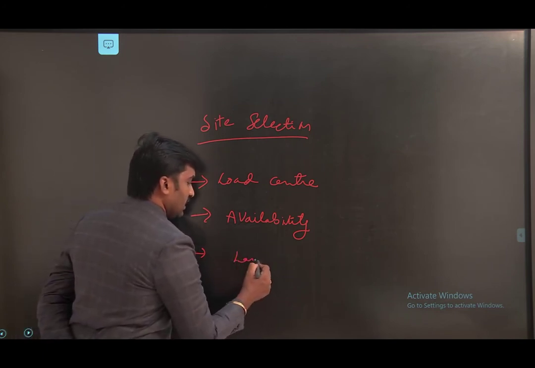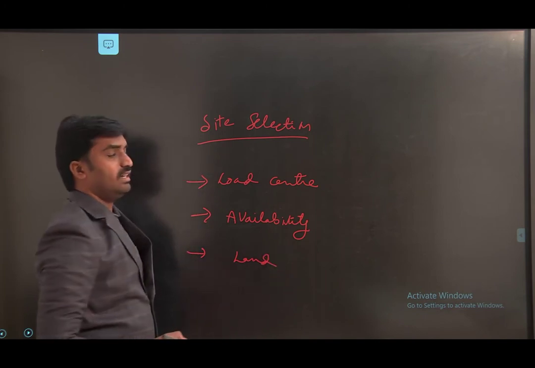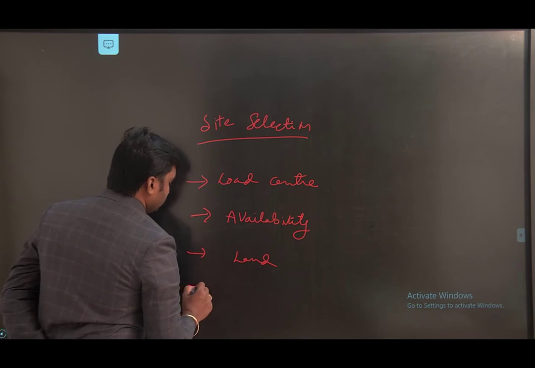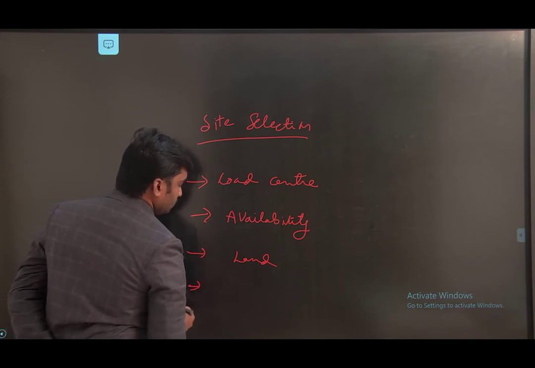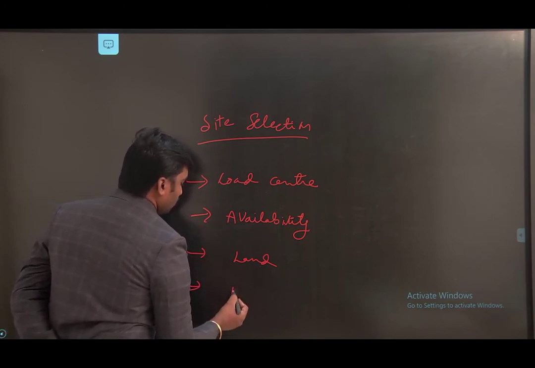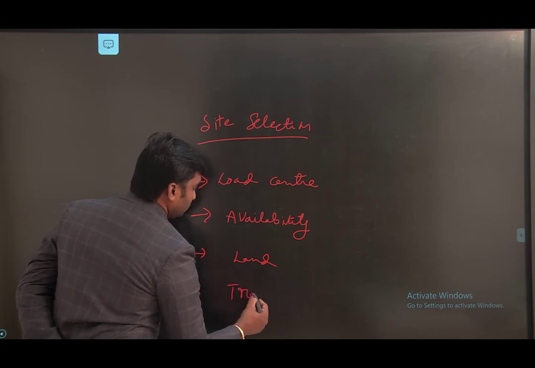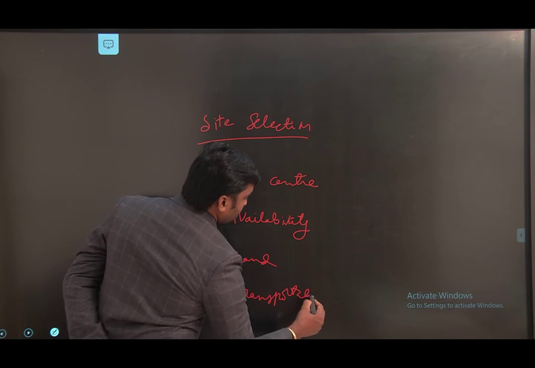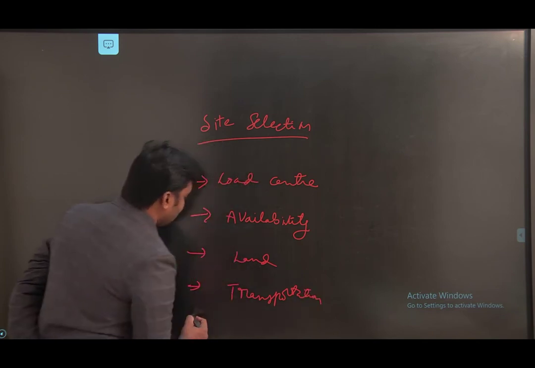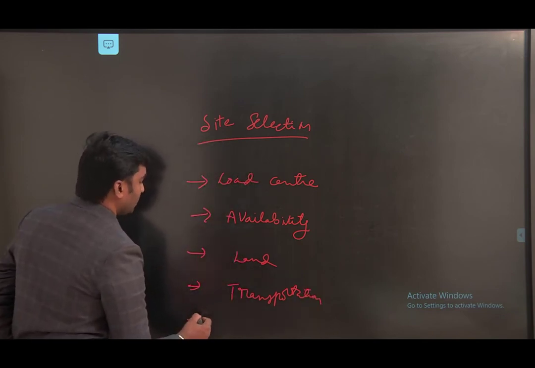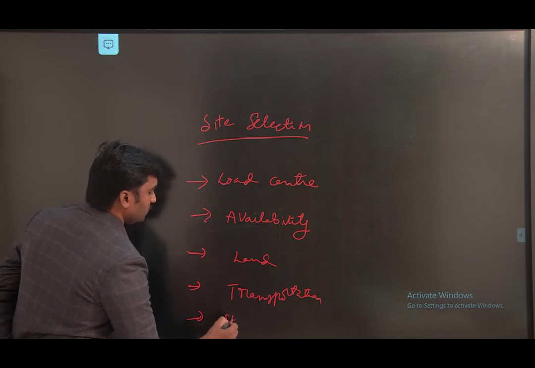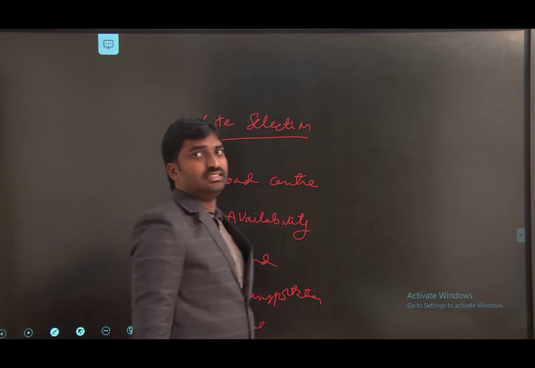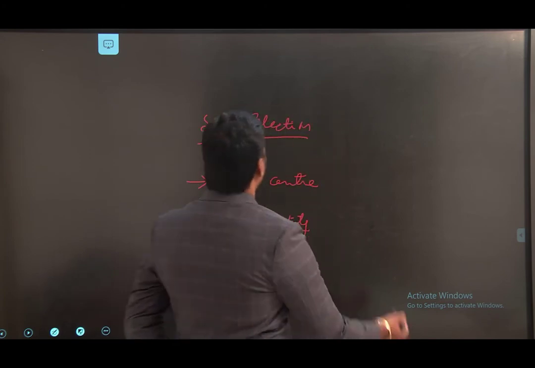It requires high standard, stable land. Also a transportation system is required here. These are the main considerations for nuclear power stations, and skilled persons are also required nearer to the place. It is very dangerous, that's why only skilled persons are required.